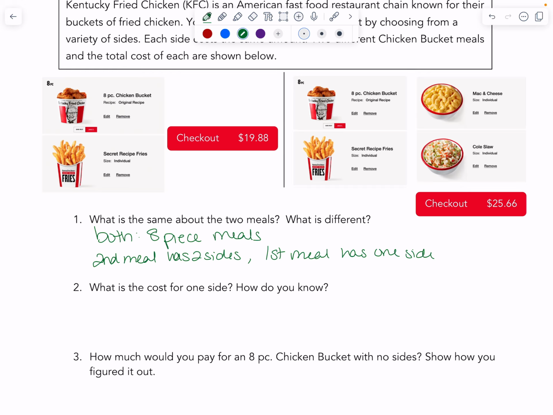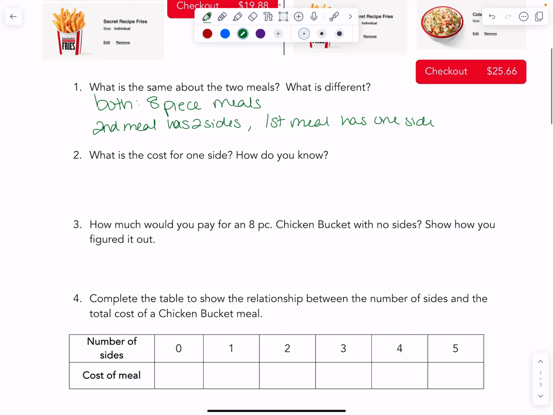What is the cost for 1 side, and how do you know? All right, so go ahead and pause the video. All right, so what is the cost per side? So cost per side is equal to change in cost over the change in the number of sides.